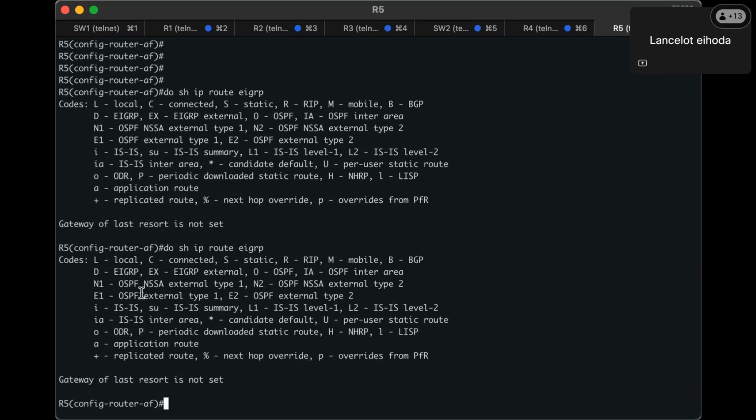Now I have a problem. How come there are no EIGRP neighbors on router 5? Anybody help me? Or did I misconfigure something?